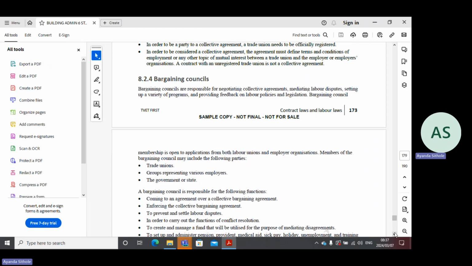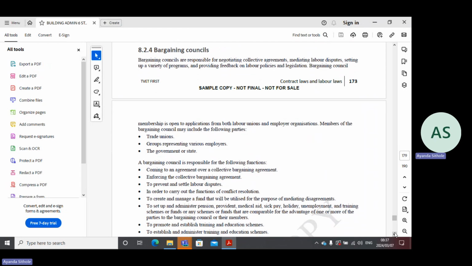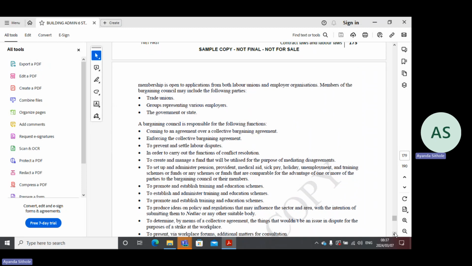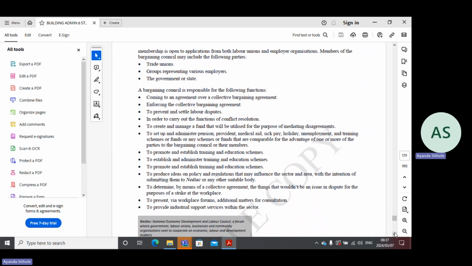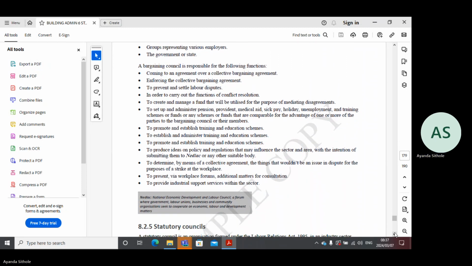Bargaining council membership is open to application from both labor unions and employer organizations. Members of the bargaining council may include the following parties: trade union, group representatives, employer, the government of state.